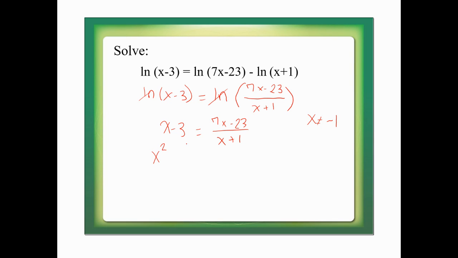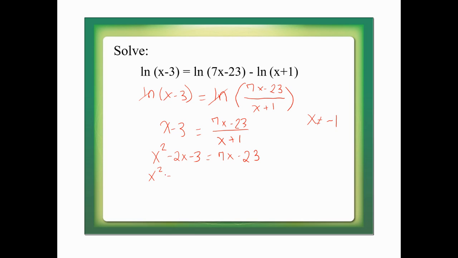So I'll get x squared. When I multiply x plus 1 by x minus 3, I get x squared minus 2x minus 3 equals 7x minus 23. And now we want to get everything over to the other side.